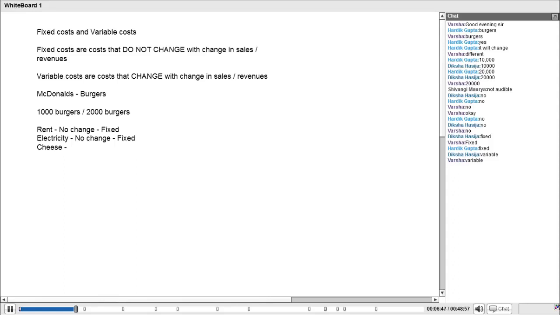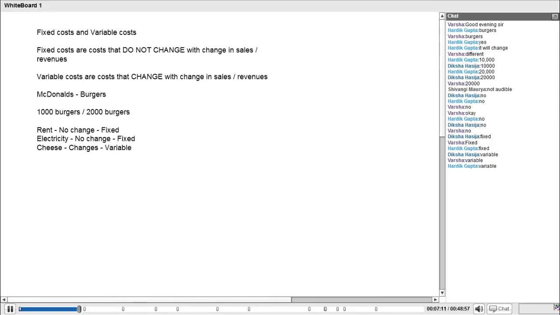Let's try and understand it. Suppose, just for simplification, we assume that in each burger they put in a single slice of cheese. So when they sold 1000 burgers, they had to buy 1000 slices of cheese. When they sold 2000 burgers, they had to buy 2000 slices of cheese. Hence it changes and it is a variable cost, as all of you have rightly said.